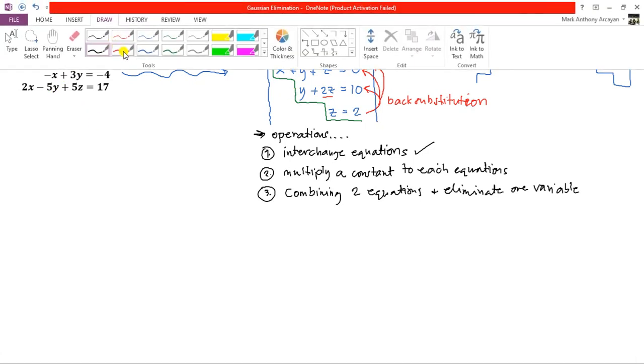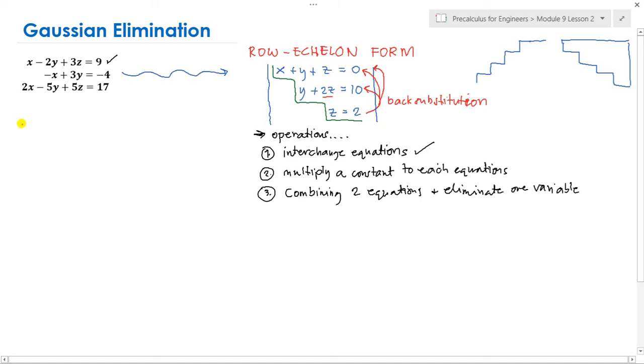So let's answer. What we will do again is convert it into row echelon form. So let's look at the given equations. We see which equation has x, y, and z, and where x has no other leading coefficient other than 1.